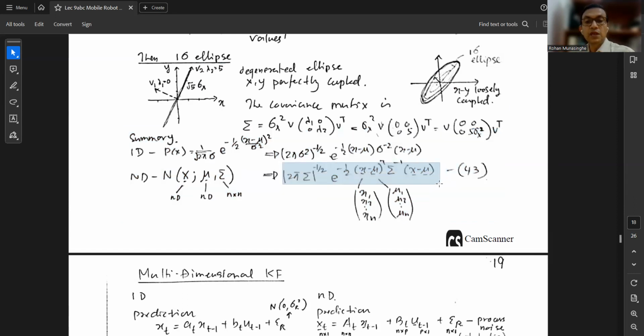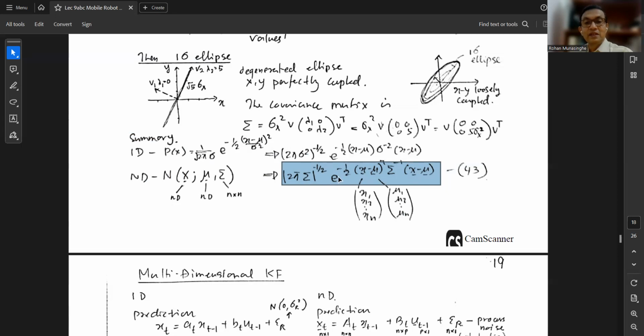You can see the similarity. 2 pi sigma to the minus half. Here sigma squared in the one-dimensional case, small sigma squared. Now it is big sigma. Inside big sigma, you have small sigma squares, all of them.